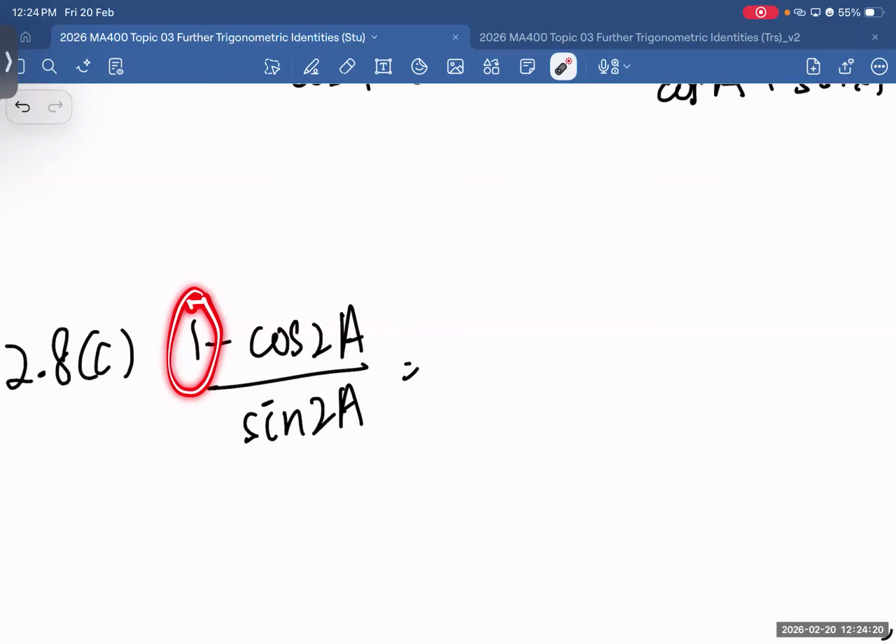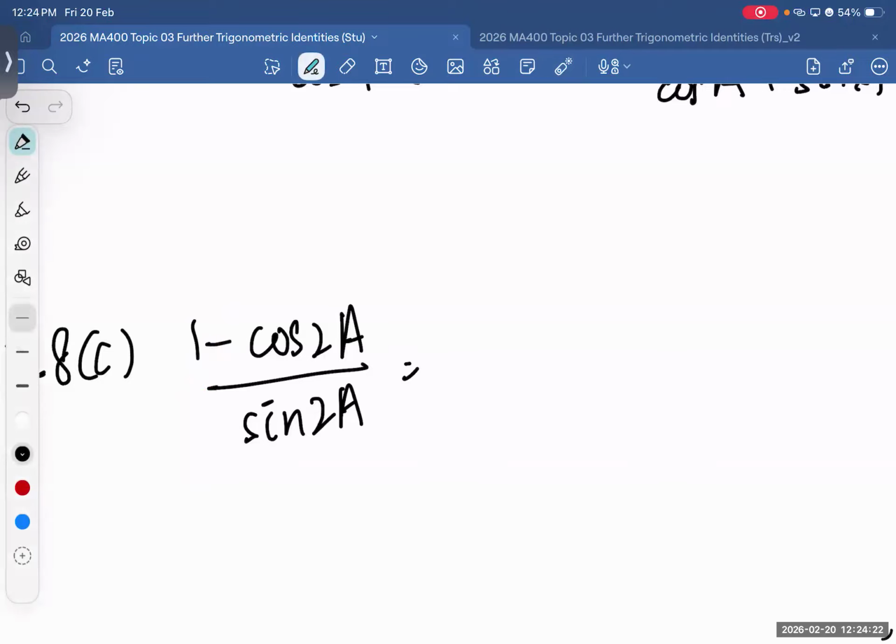What do I mean? Okay, here you'll notice, right? Cos 2a can be cos square a minus sine square a. It can be 1 minus 2 sine square a. It can be 2 cos square a minus 1.